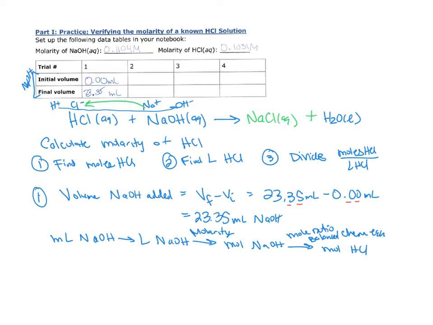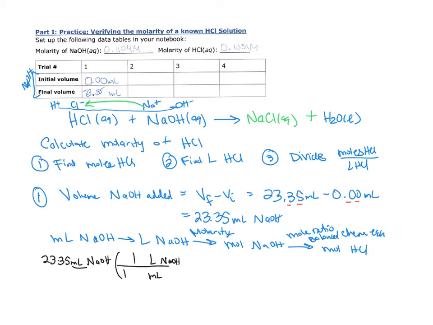So I'm going to start with my 23.35 milliliters of NaOH. Remember, whatever units you start with need to go downstairs to cancel. So I can convert from milliliters to liters of NaOH using my metric system.